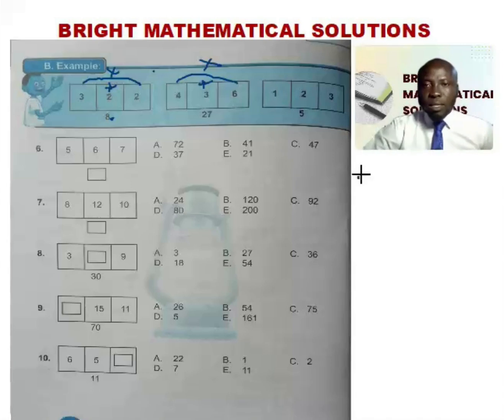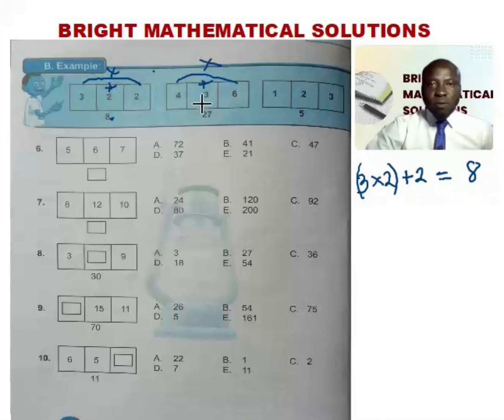What I'm saying is 3 multiplied by 2, let me put it in brackets, plus 2 will give you 8. That is 3 multiplied by 2, that's 6. 6 plus 2 will give you 8.